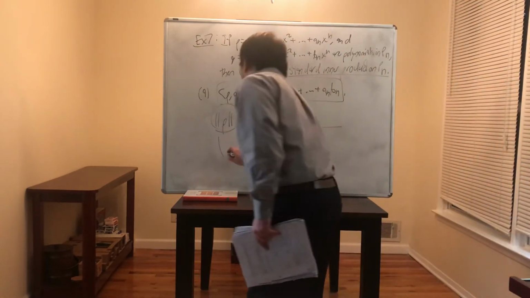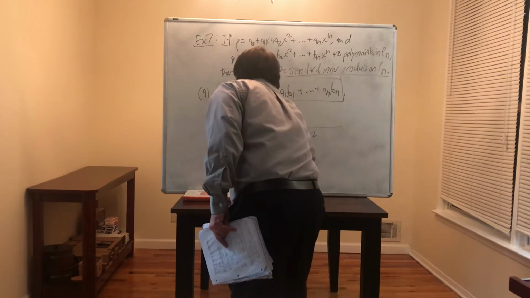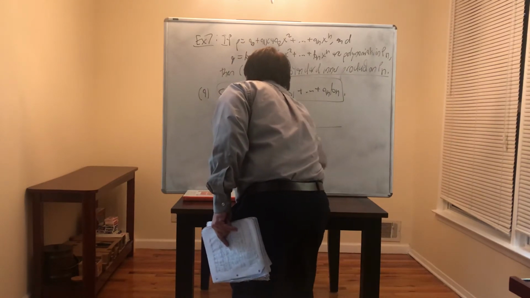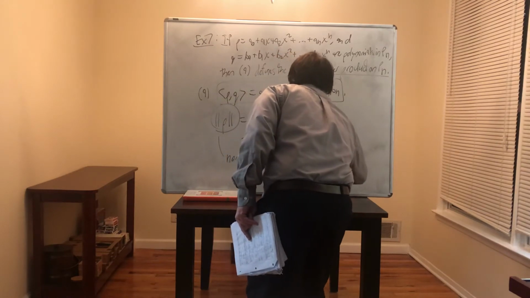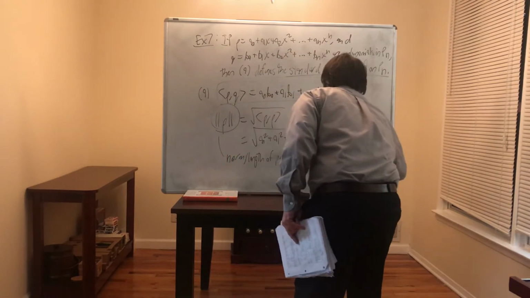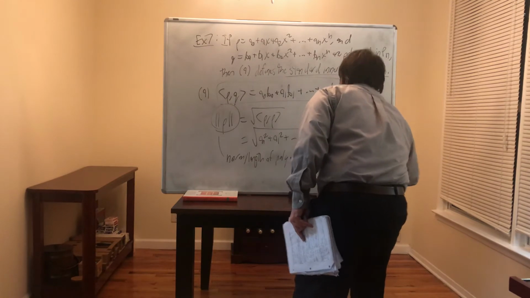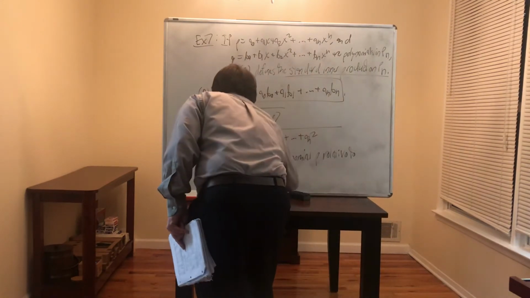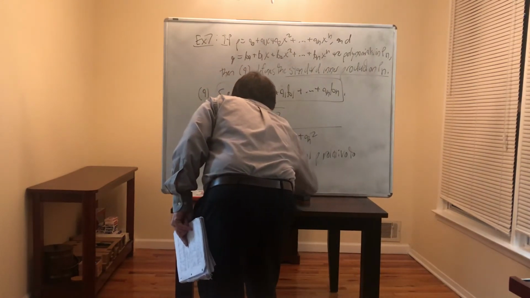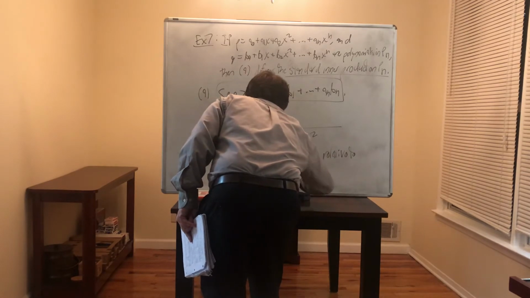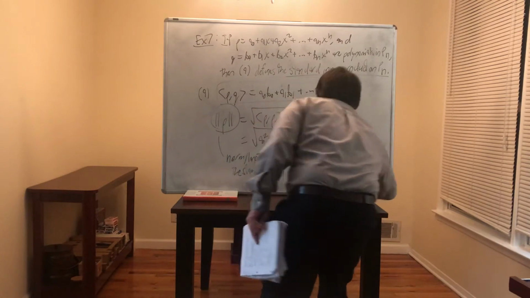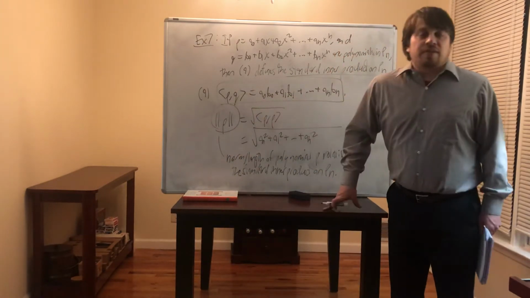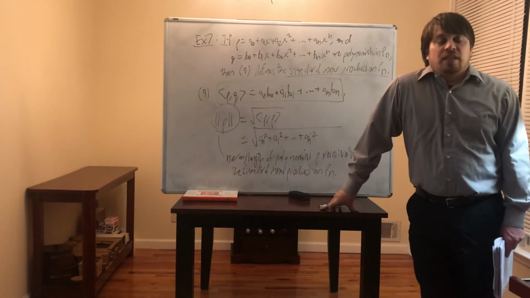So this is the norm, or length, of polynomial p relative to the standard inner product on P sub n.